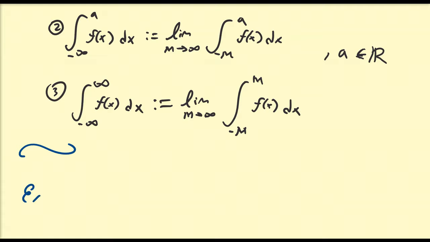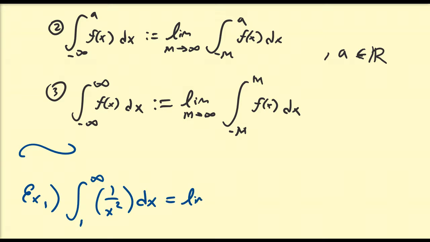As our first example, consider the integral from 1 to infinity of 1 divided by x squared dx. By the definition of this improper integral, this is equal to the limit as m goes to infinity of the integral from 1 to m of 1 over x squared dx.